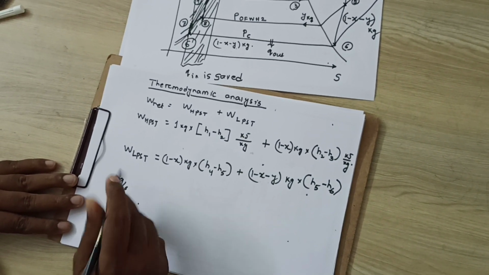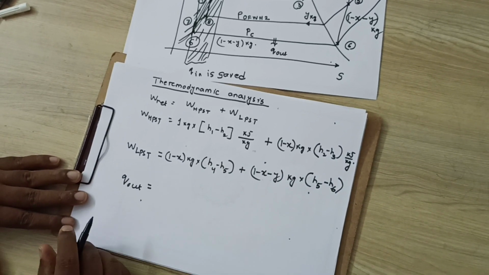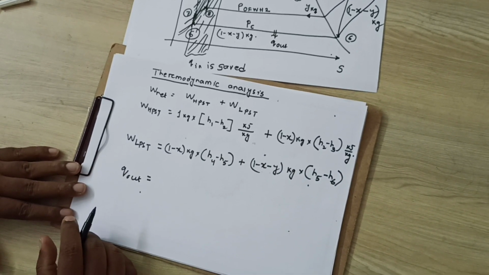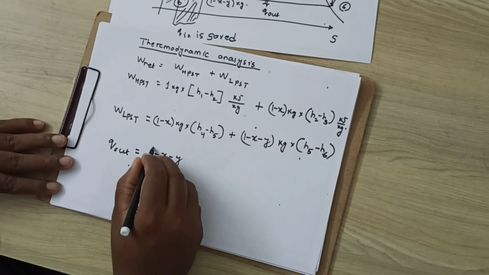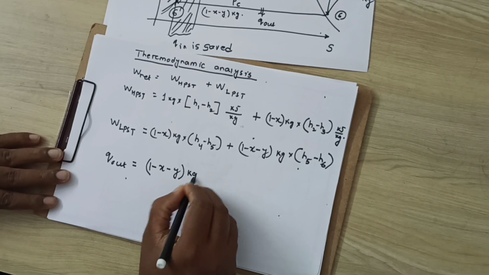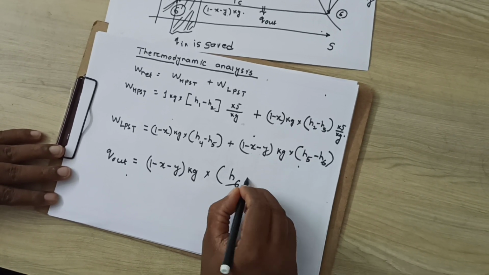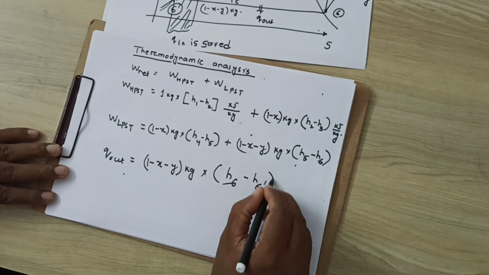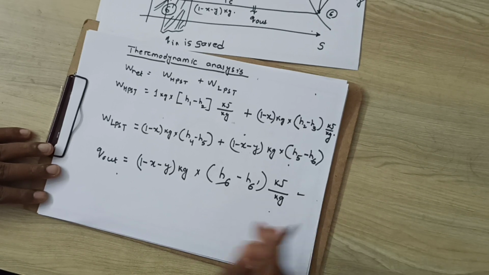Then Q out, heat rejection out, Q out will be 1 minus x minus y kg of steam into H6 minus H6 dash kilojoule per kg.